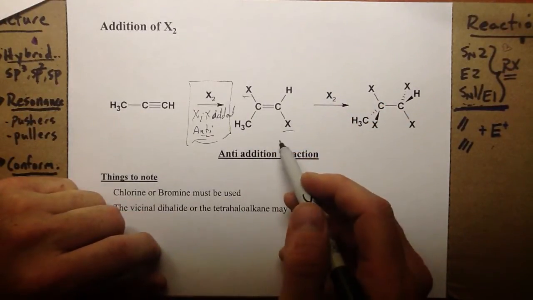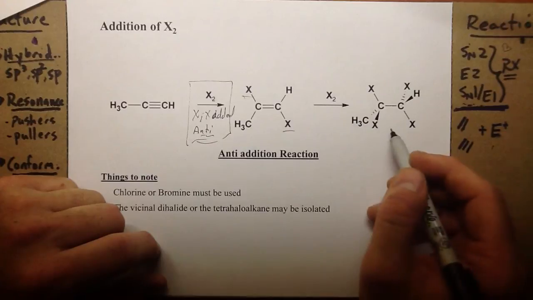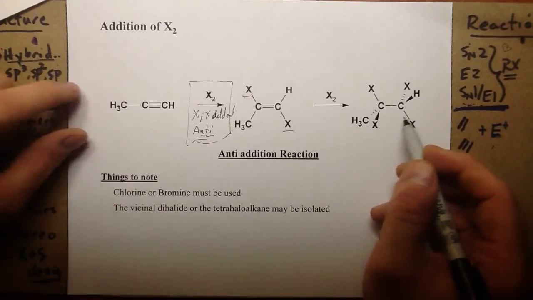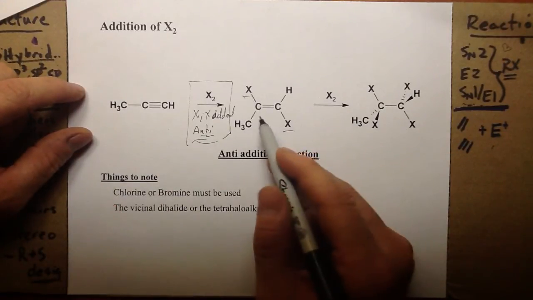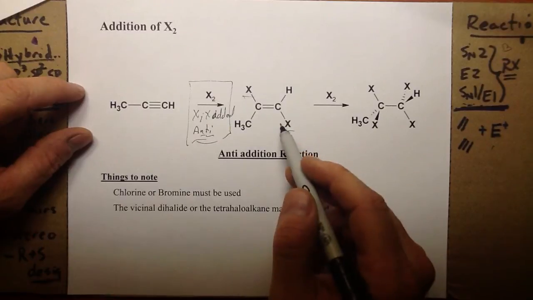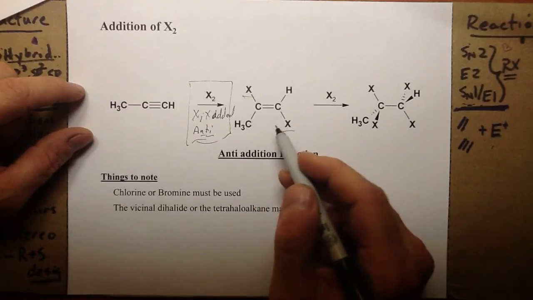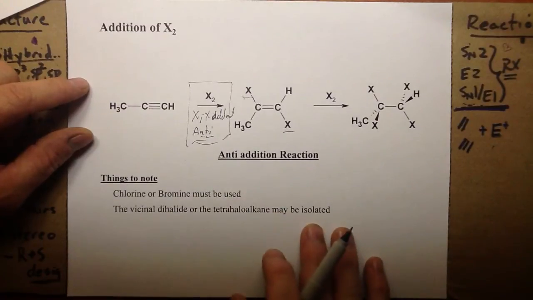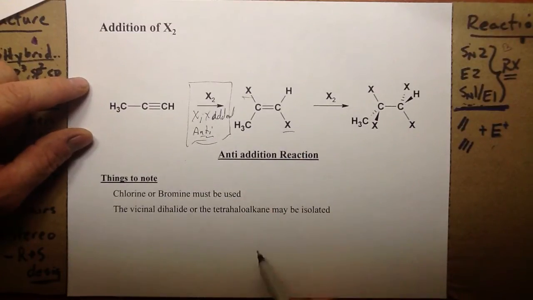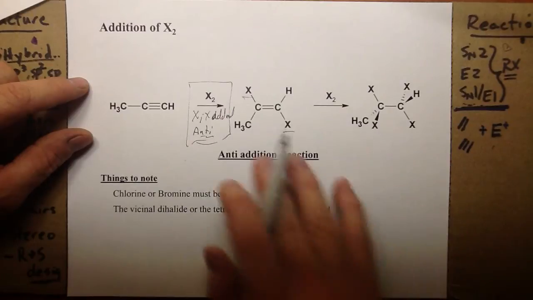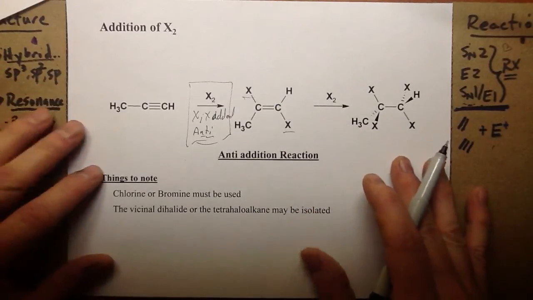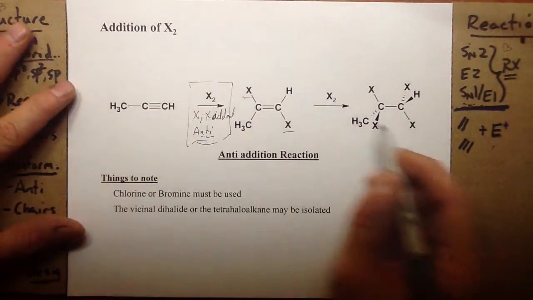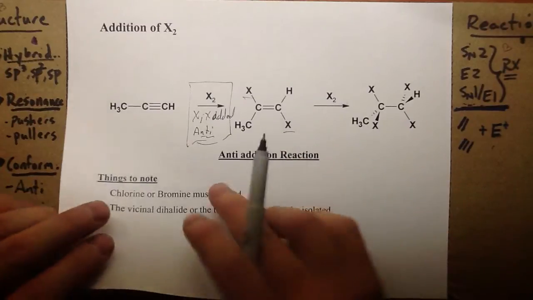We can stop at this point, or we can continue on to make the tetrahalide from the dihalide here that we have, the vicinal dihalide, where these are locked into trans orientation. Chlorine or bromine are used for this reaction to make this vicinal dihalide, and again we can go on if we wanted to form the tetrahalide from the alkene.